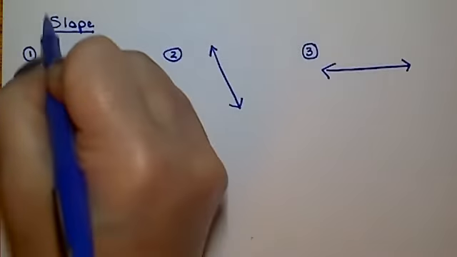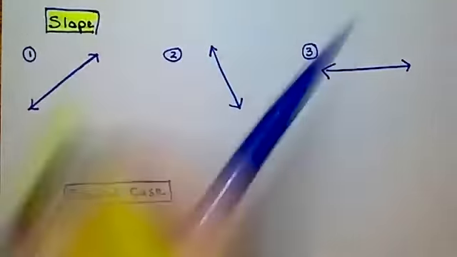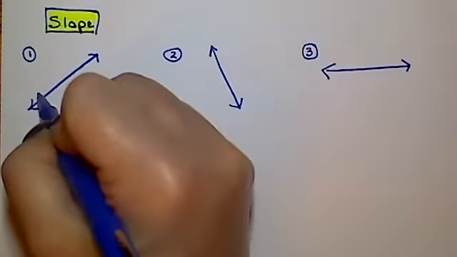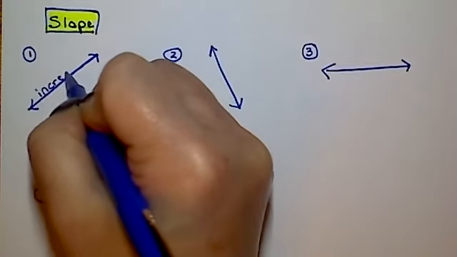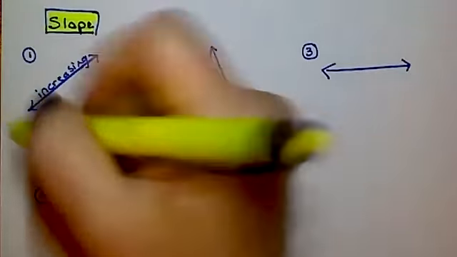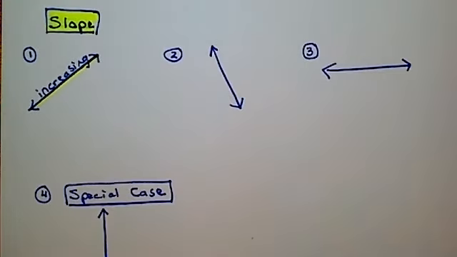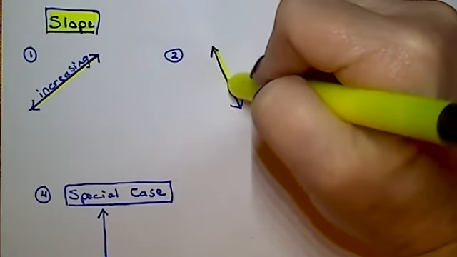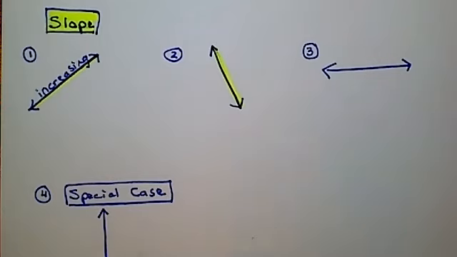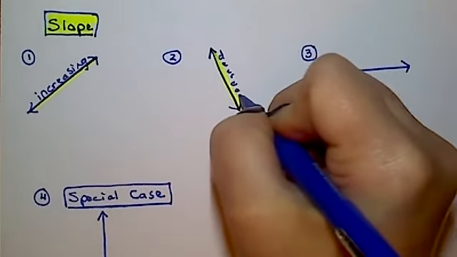Okay, so with our 4 types of slope, if a line goes up, you read this from left to right, so it is increasing. So you notice right here from left to right, I'm going up. From left to right, this line would be going down. So this one would be decreasing.